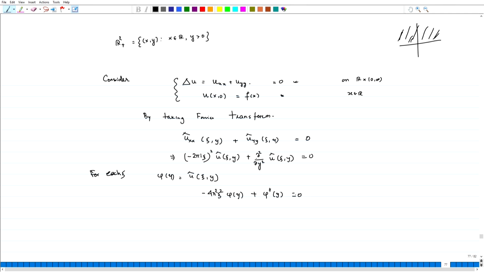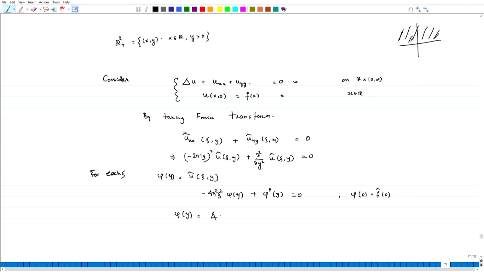Now, this is a second order ODE, with the condition given that phi of 0 is nothing but f hat of xi. Now, this second order ODE is going to have a solution for each fixed xi.